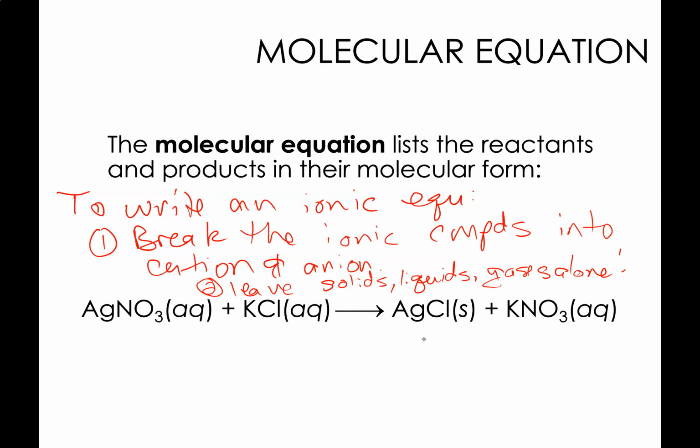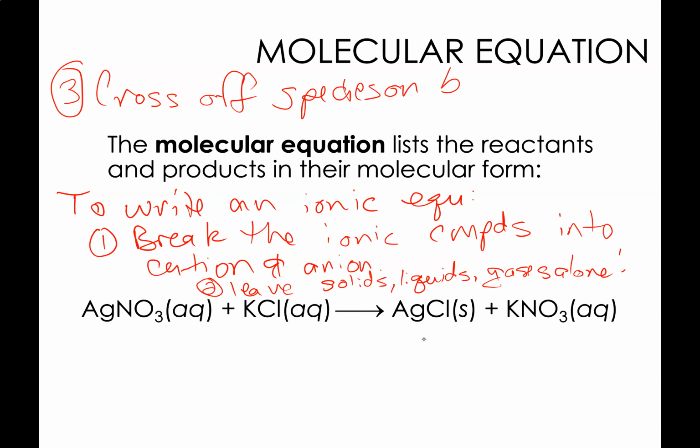The last step, and I'm sorry I'm going to write it kind of weird, but the last step is to cross off species on both sides of the equation. So in other words, common ions after you've broken it apart. And I'm sorry my handwriting is atrocious.